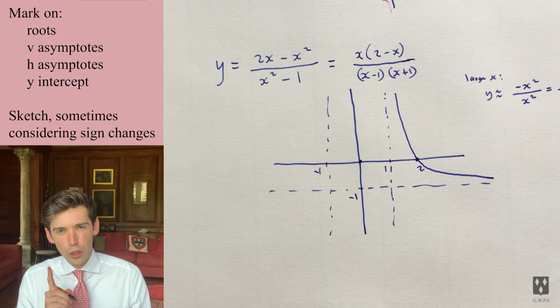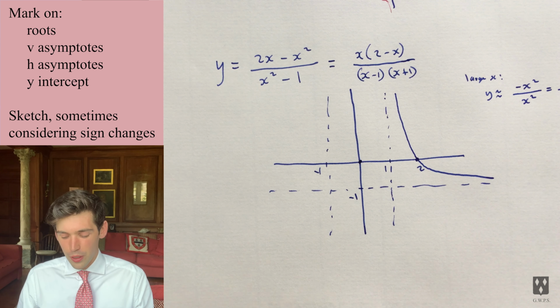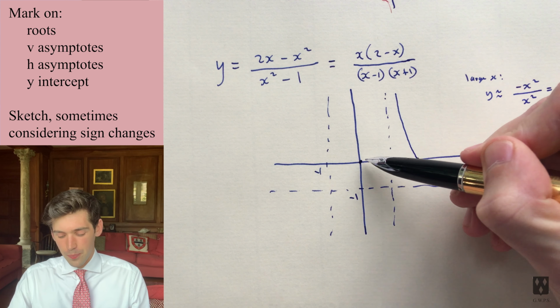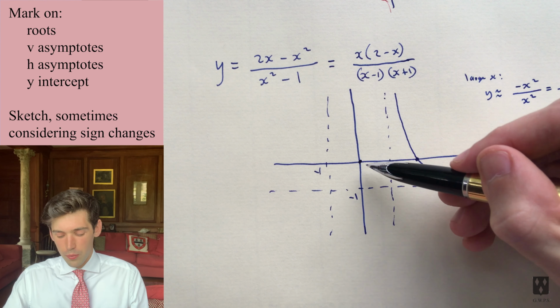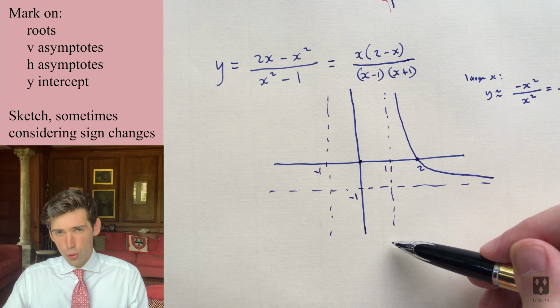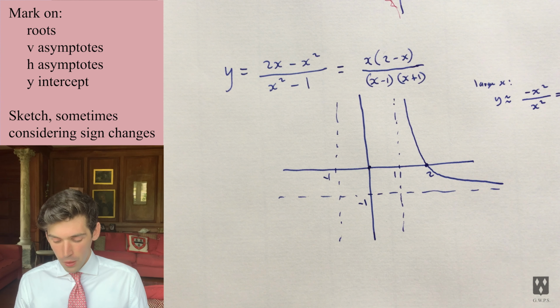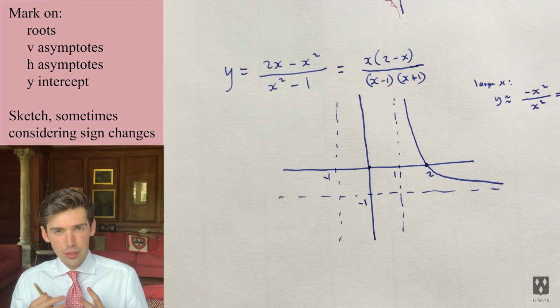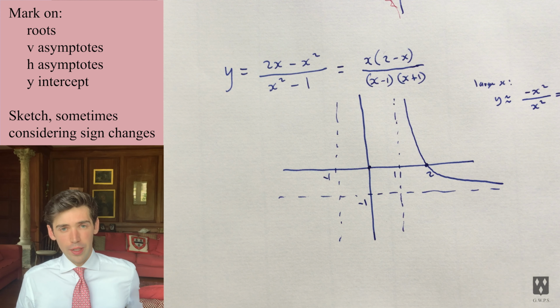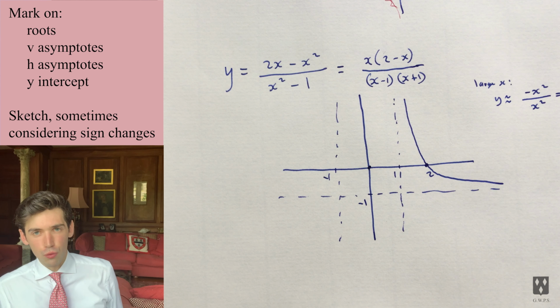But while it goes through the origin, you've got to be careful, because we might think, oh, well, it's going to be this. But it could also be this. Or it could even be more like this. Or it might be more like this. So you do need to be a little bit careful here about pluses and minuses and whether the graph is positive or negative in these particular regions.